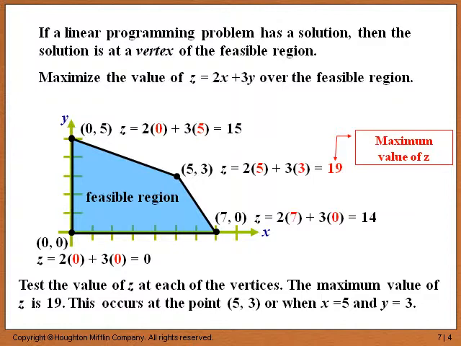And so we have found the maximum value of z as 19, and this occurs at the vertex 5, 3, when x equals 5 and y equals 3. And thus we have finished together our first linear programming problem.